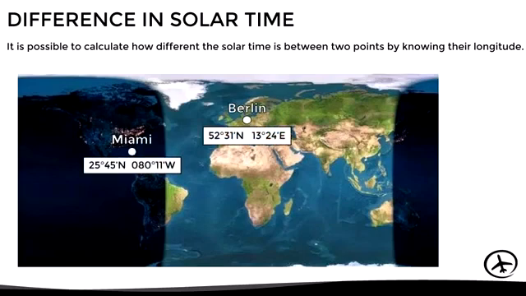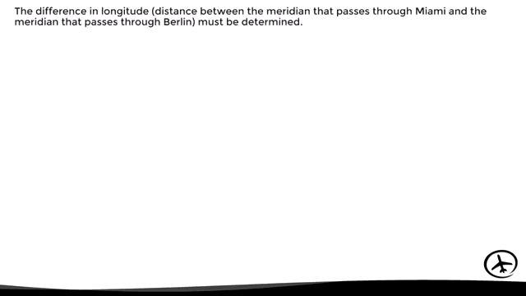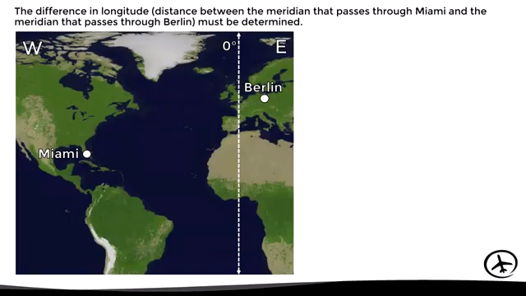Here we have the coordinates for the cities of Miami and Berlin. So the question is, if the solar time in Miami is 4 a.m., what solar time will it be in Berlin? Well, first we have to determine the difference in longitude, which is the distance between the meridian that passes through Miami and the meridian that passes through Berlin, in terms of degrees, minutes, and seconds of arc.